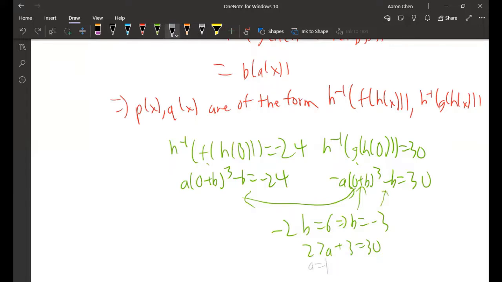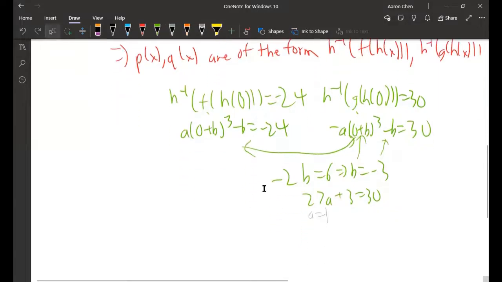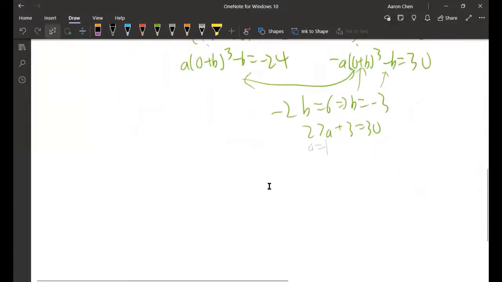And so what that means is that p of x is of the form (x minus 3) cubed plus 3, and q of x is equal to negative (x minus 3) cubed plus 3.